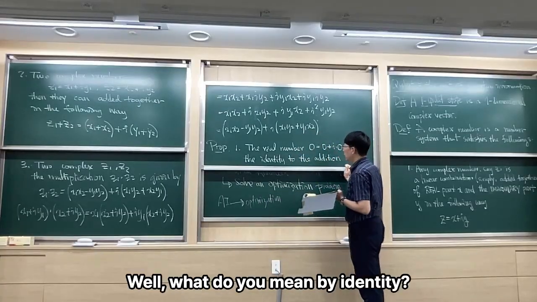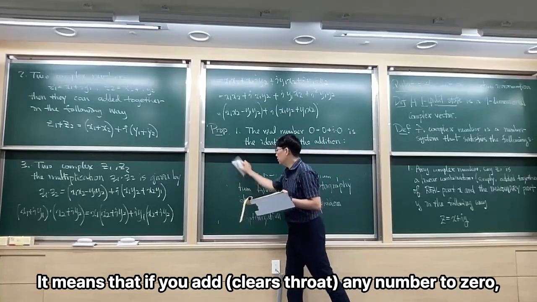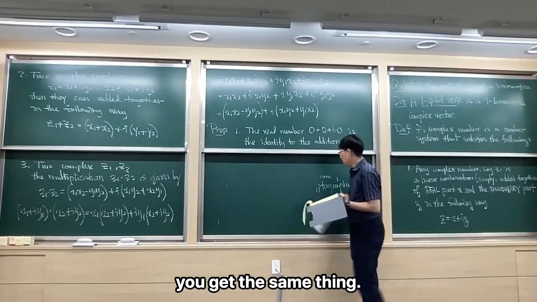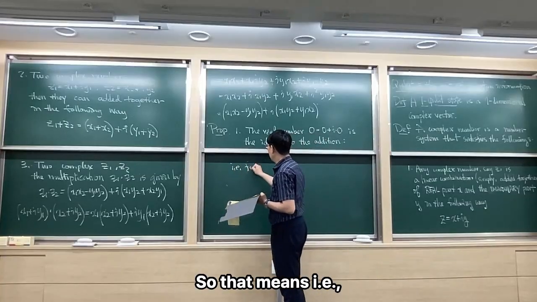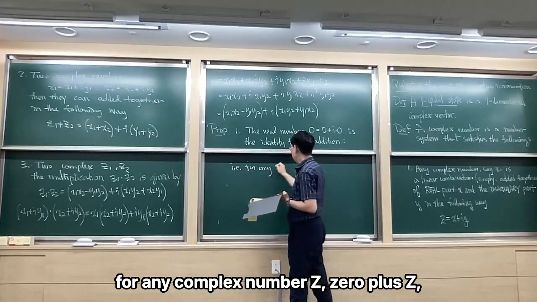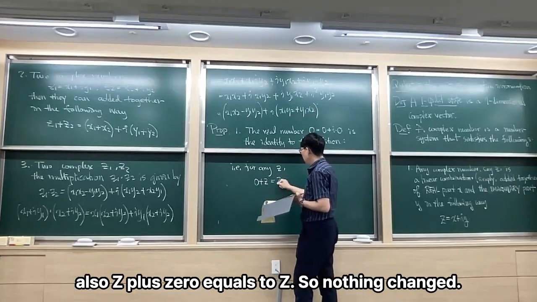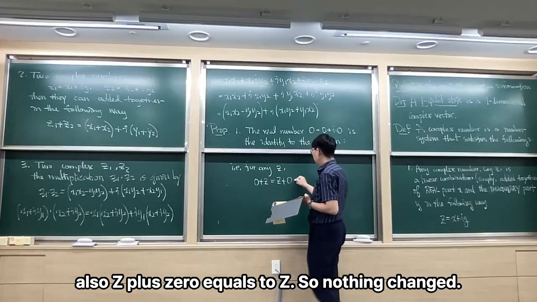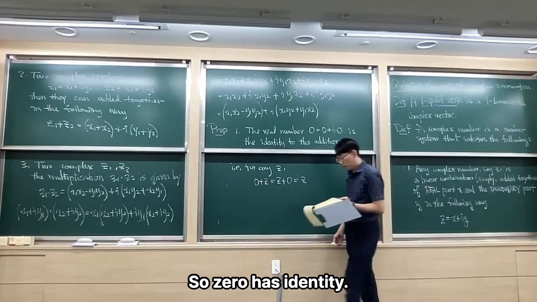So what do you mean by identity? It means that if you add any number to 0, you get the same thing. That means, for any complex number z, 0 plus z, also z plus 0, equals z. So nothing changed. So 0 is the identity.